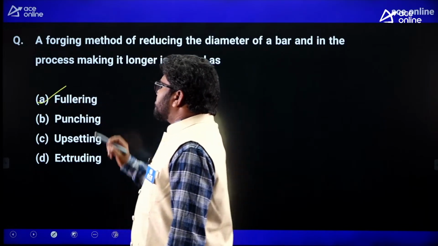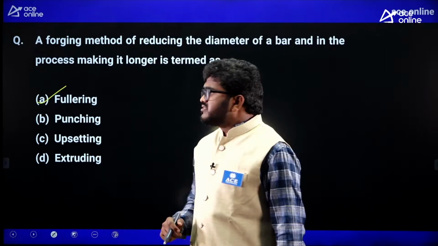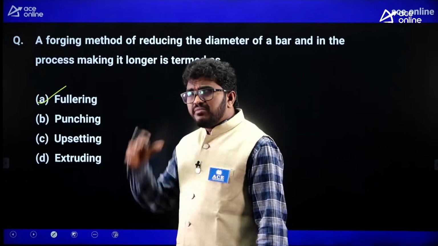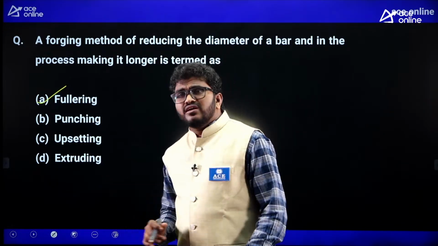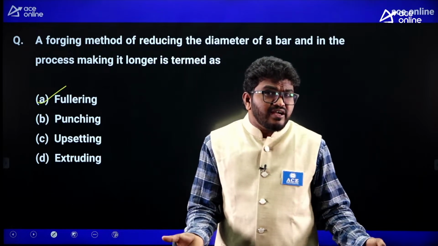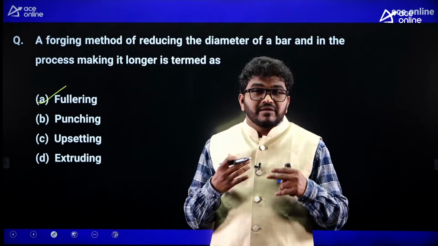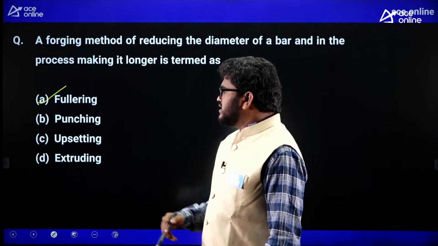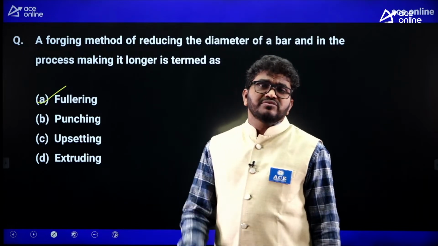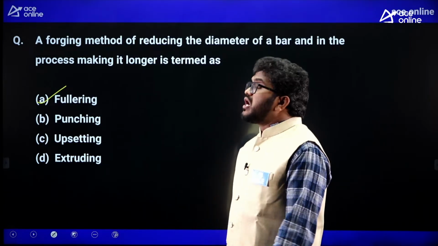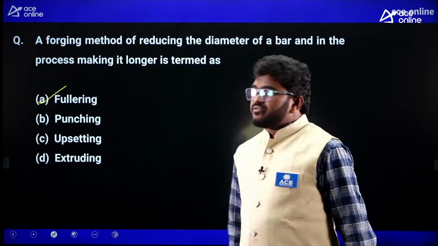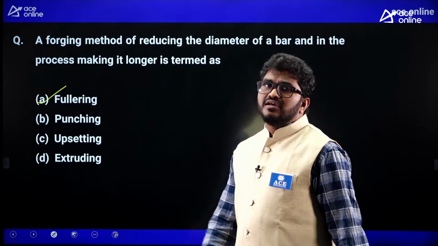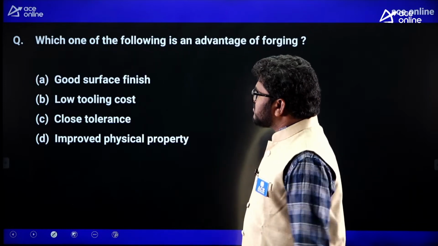Remember, in pulling out we are increasing the length and decreasing the diameter. In punching, we are making a hole. In upsetting, we are increasing the area and decreasing the length. Extrusion means we are reducing the cross-sectional area of the rod by applying compressive force. So pulling out is the correct answer for this question.